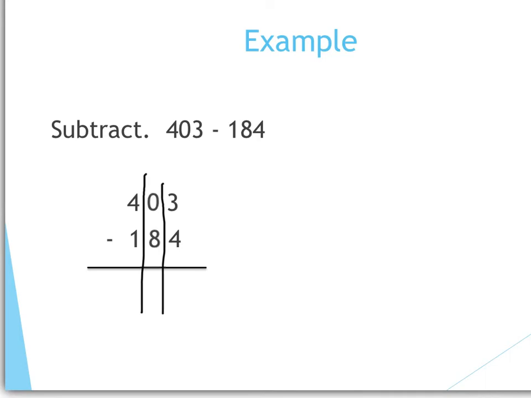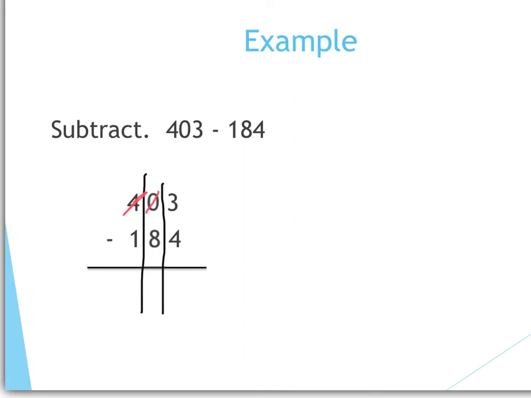And I'm going to start on my right-hand column. 3 minus 4. Well, I can't take 4 items from 3 items, so I have to borrow. Well, I'm borrowing from 0. I can't borrow from 0, so I have to come over here and borrow from the 4.